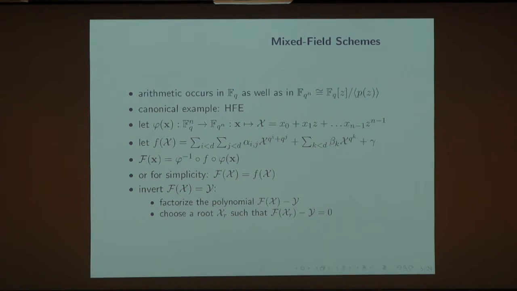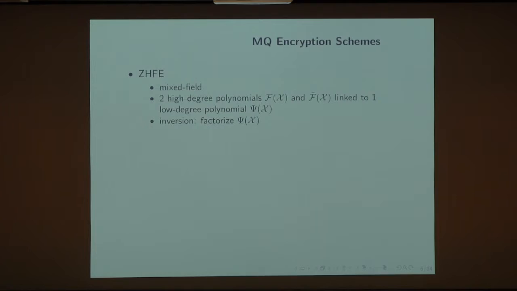So in order to invert this, you have a polynomial expression equals y, you move y to the other side, have a polynomial expression equals 0, factorize that, and you have the roots, which correspond to signatures. But both of these schemes are signature schemes, and we want to talk about encryption schemes.